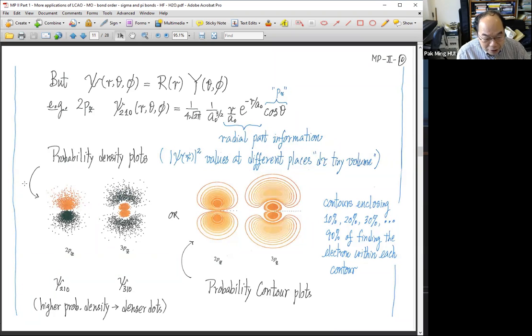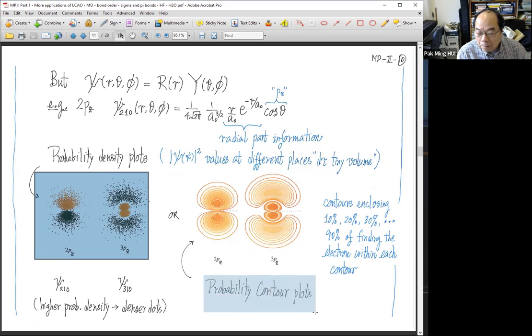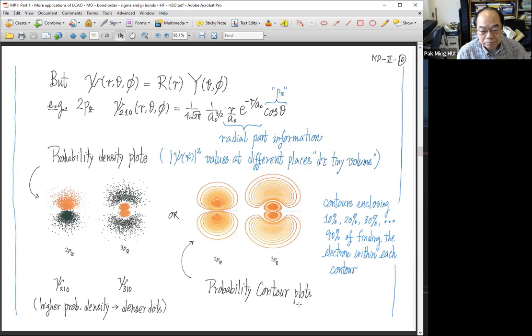Another way to plot this thing is called contour plots. It's called probability contour plots. What does it mean? Here, again, it is 2pz, 3pz. All this contour is meant to enclose a certain probability of finding the electron within the region of the contour. It encloses a region, all right?